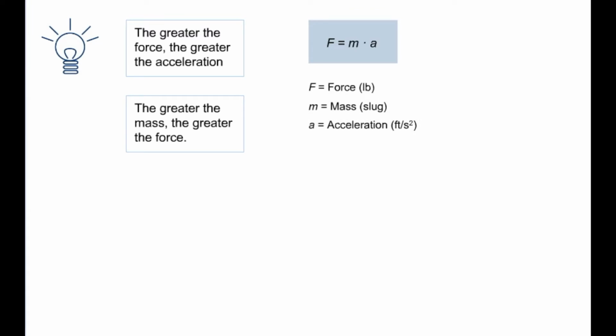This concept gives us the well-known formula, force equals mass times acceleration. The imperial unit of force is pound, in short, lb. The SI unit of force is the Newton, in short, N, named after renowned physicist, Sir Isaac Newton, who first formulated the relationship between force, mass and acceleration.